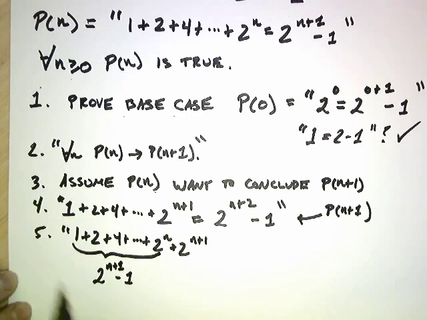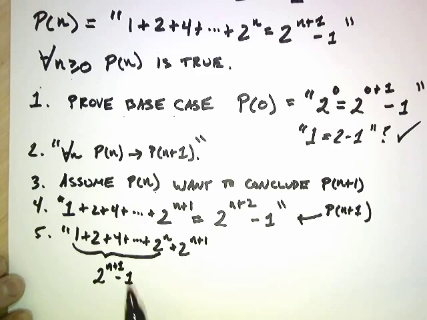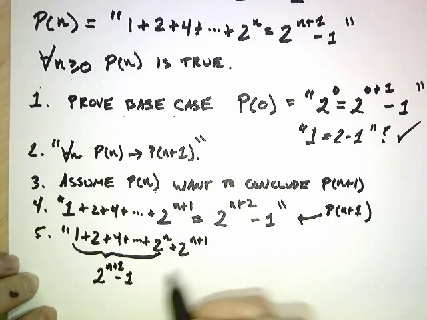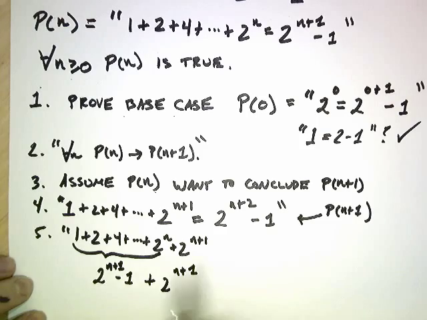This is often called applying the inductive hypothesis, because we're applying this P(n), which is our inductive hypothesis. And now we still have to add on this 2^(n+1) term. So this sum is equal to this.